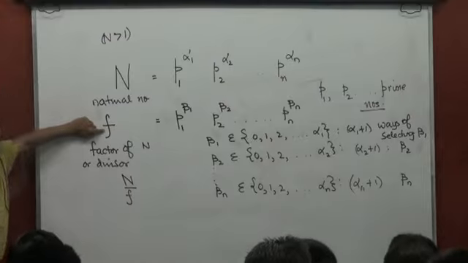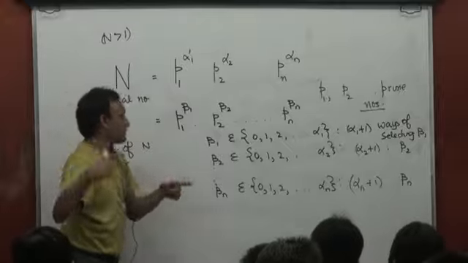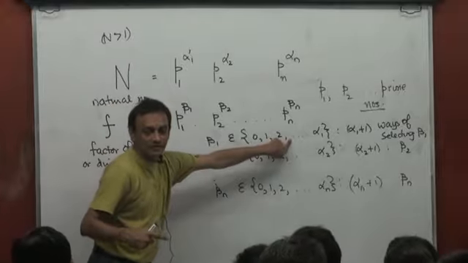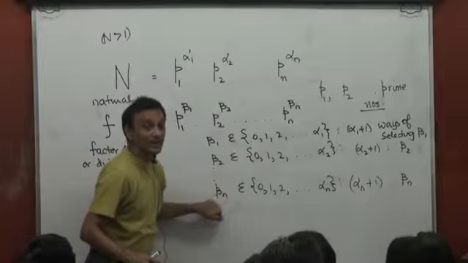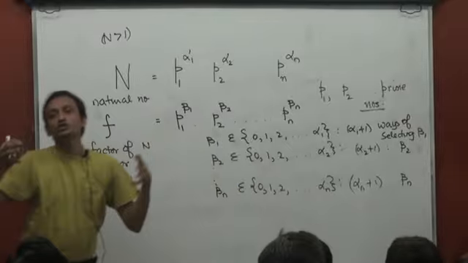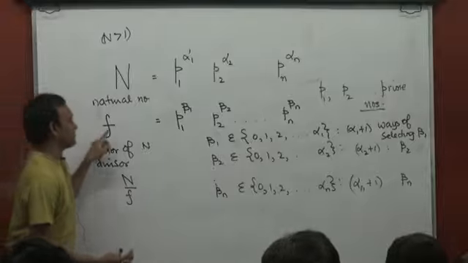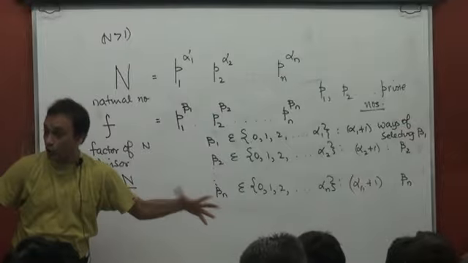Now, to create any one factor f of n, you can select any beta 1 from this set, any beta 2 from this set, any beta 3 from this set, any beta n from this set. So, essentially the whole process of producing a factor f is like selecting beta 1, beta 2, beta 3, beta n simultaneously.